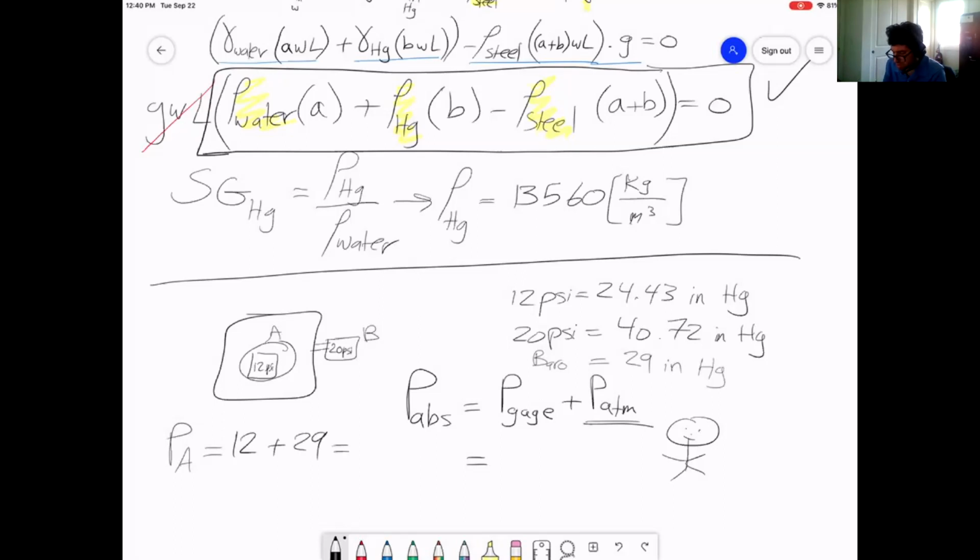I would say it's like this, but I'm not sure. I think it's just gauge pressure plus the atmospheric, because I think a barometer always measures absolute pressure. Let's see if I might be mistaken.